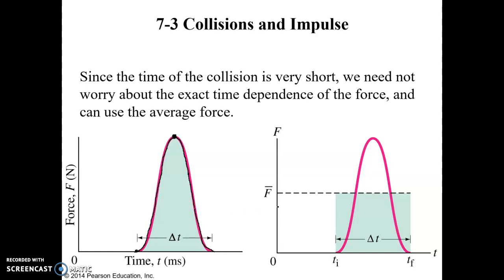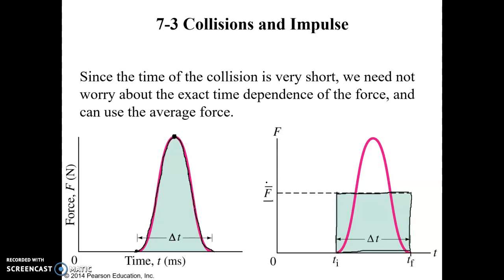So in order to simplify our calculations, what we do is we take the average force over this time period. So what we end up with is this shaded region here. If we were to compare areas, we end up with a nice, neat rectangle, which is much easier to calculate.